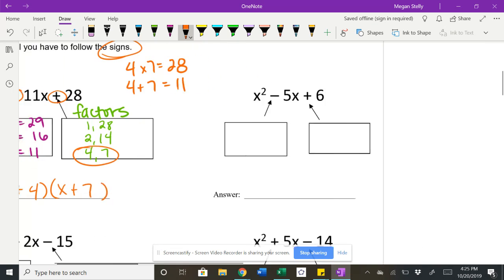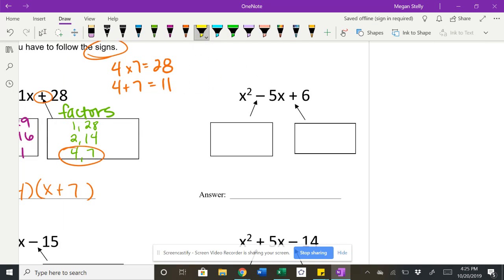Our second example is a little bit different because notice here, one of them is negative, one of them is positive. We still start off by listing the factors of that last number. The factors of 6: 1 and 6, 2 and 3. Now, because we need the middle number to be negative, we have to remember our multiplication rules.